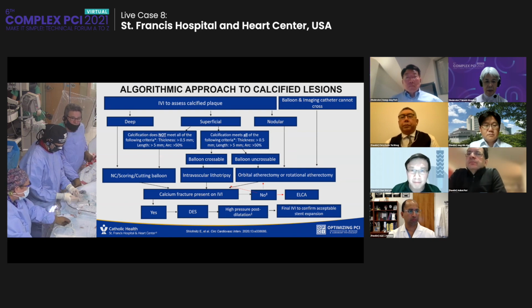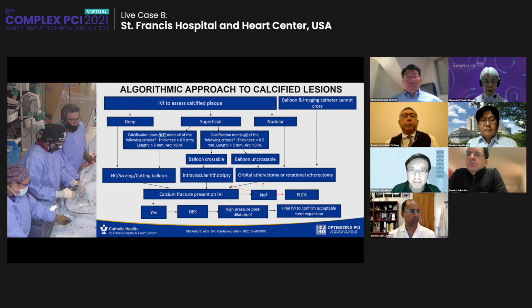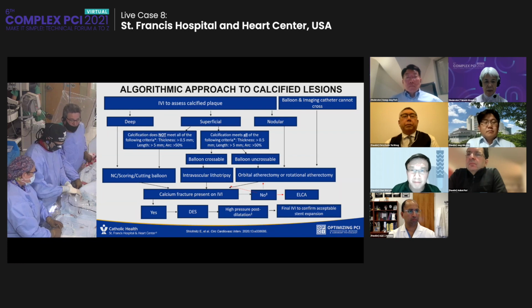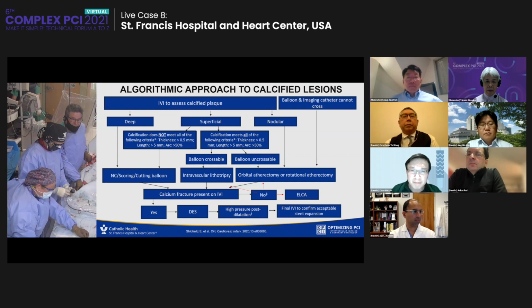With respect to calcified lesions, we break it up by our ability to image. Personally, I like OCT imaging because I can define the calcium as deep, superficial, or nodular, and I have a very clear understanding of the size of my vessel, as well as the length of the lesion, to get normal to normal tissue. Especially with Shockwave intravascular lithotripsy, I need to know the true size of the vessel to get the maximal effect.